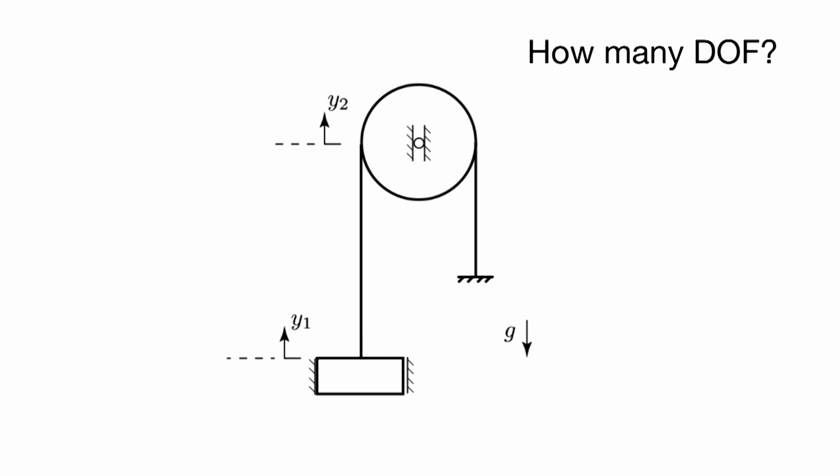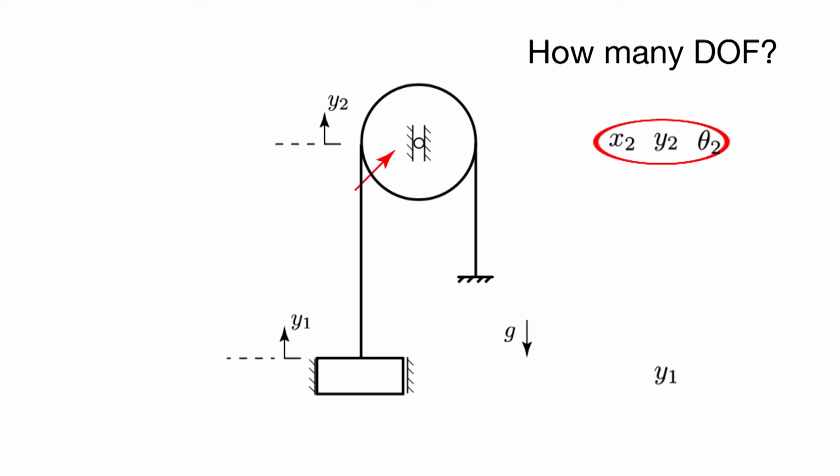Because the system is restricted to planar motion, each rigid body begins with 3 degrees of freedom: x1, y1, theta 1 for the mass, x2, y2, theta 2 for the pulley. 6 in all. The walls constraining the mass prevent horizontal motion and rotation.